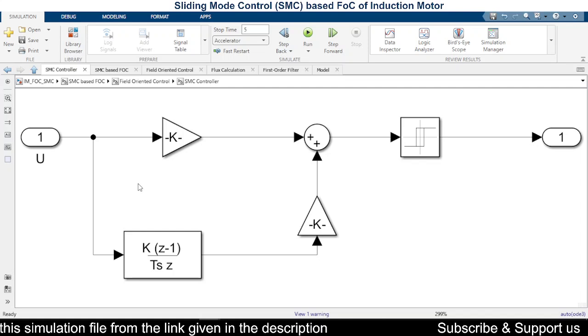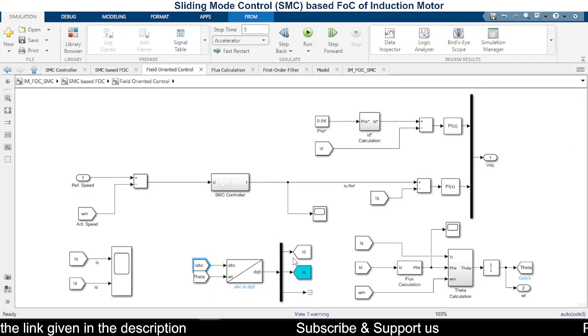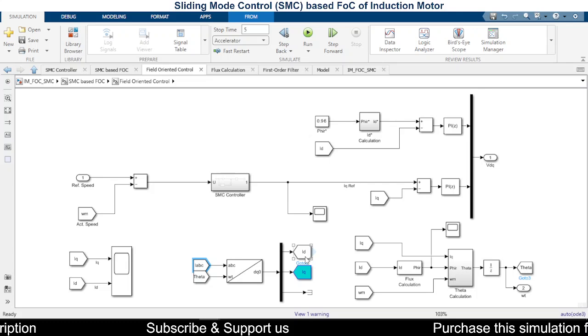The motor currents are measured and converted to DQ frame, direct axis current and quadrature axis current. After this conversion, they will be compared with the corresponding reference values.